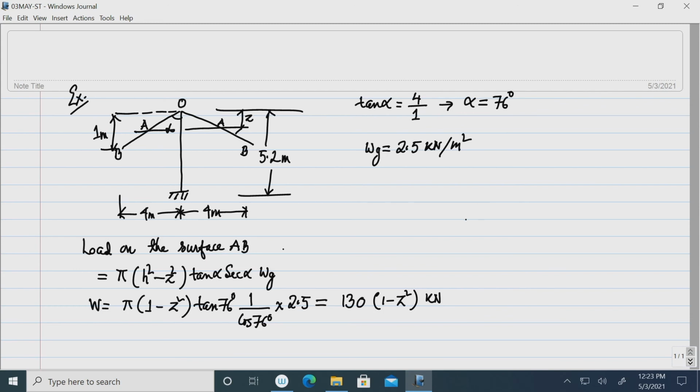We consider a free body diagram of this portion AB. If I consider the free body diagram of portion AB, the load acting here is whatever load has now been calculated, and this is the direction of your n phi, and this edge is free.